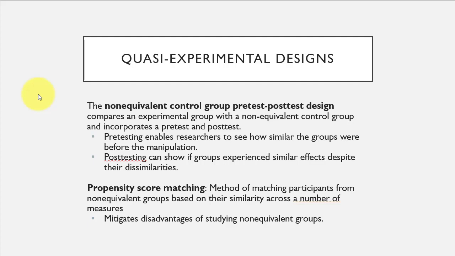So we could use what we call propensity score matching by grouping people based on some characteristics. And we can help to make those non-equivalent groups a little bit more equivalent. So we can go from comparing first and ninth graders generally to finding first and ninth graders who share some characteristics. So let's take a look at an example of a non-equivalent groups design.